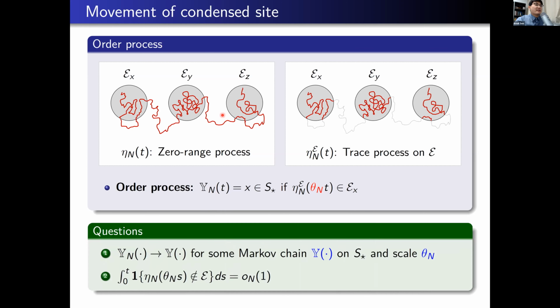So you can characterize the metastable behavior by proving the convergence of this order process to a certain Markov chain on S star. If you can show that the order process converges, or can be approximated by a certain Markov chain on S star under a certain scale theta_n, then you can say the metastable transition happens in the scale theta_n, and your metastable behavior, which is jumping among these metastable valleys, can be explained by this limiting Markov chain Y.